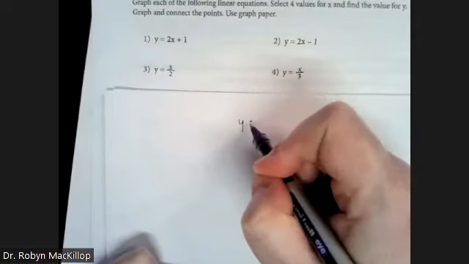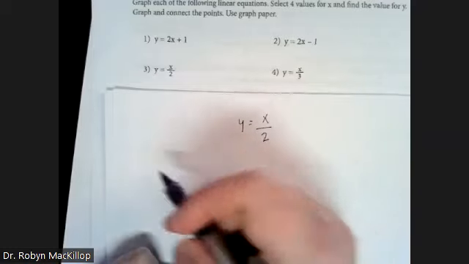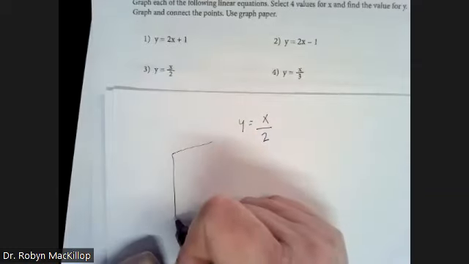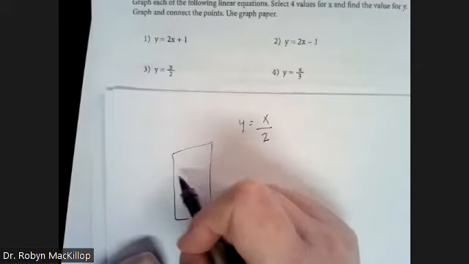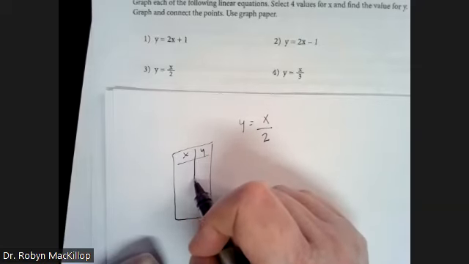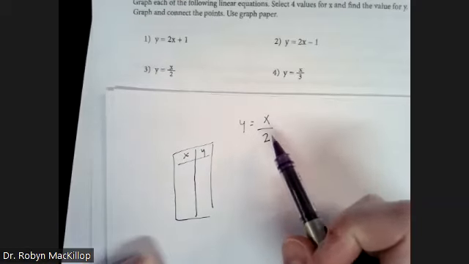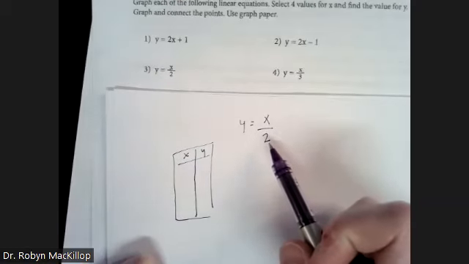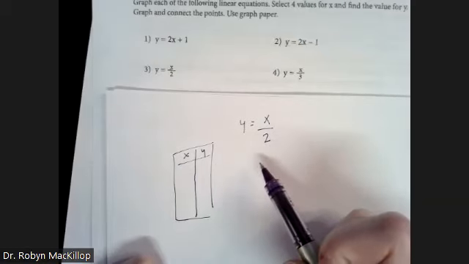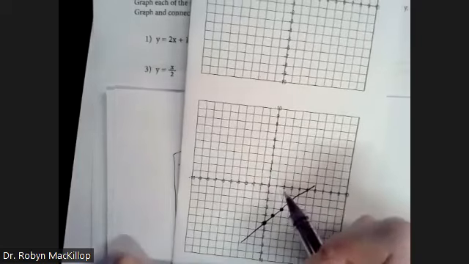We've got y equals x divided by 2. Make my function box: x, y. Now, do yourself a favor and make sure in this case, x is divisible by 2. If you do what we were doing before for multiplication, 0, 1, 2, 3, 3 divided by 2 is 1.5, right? Here's 1.5.